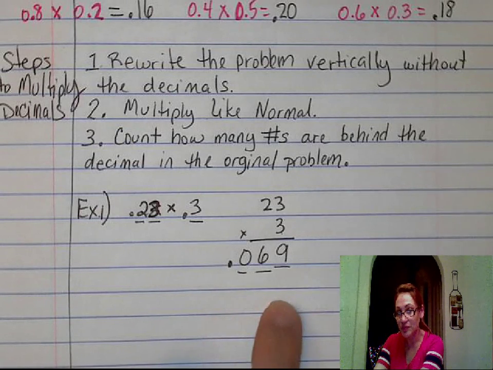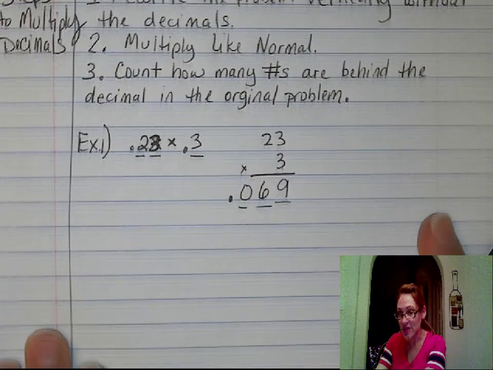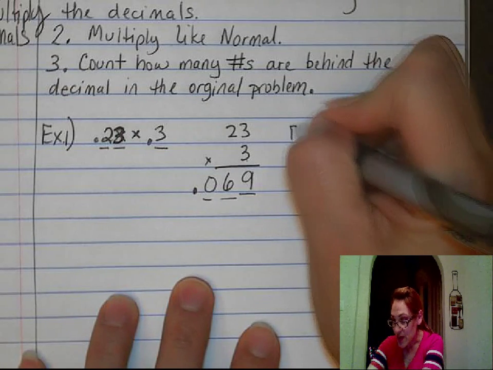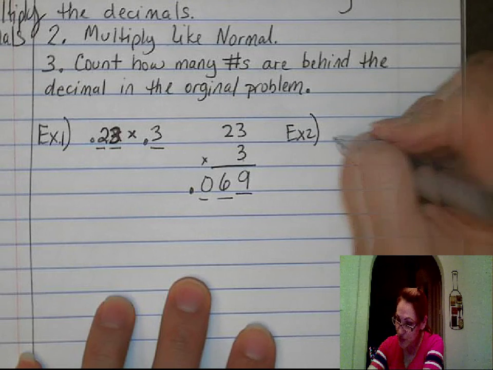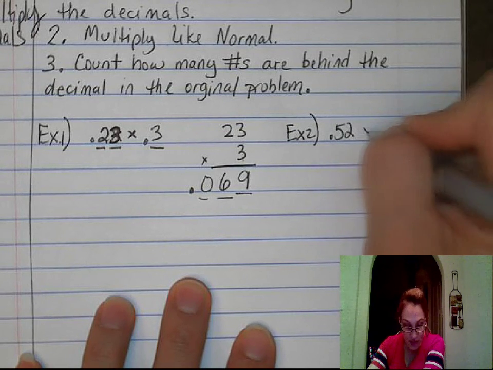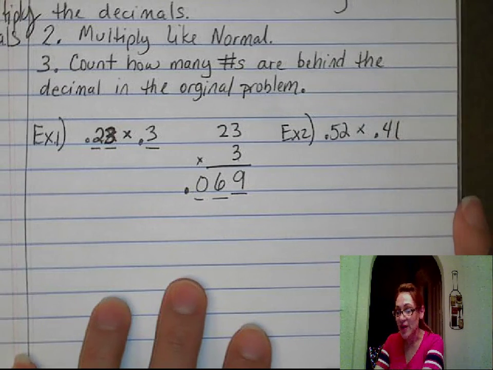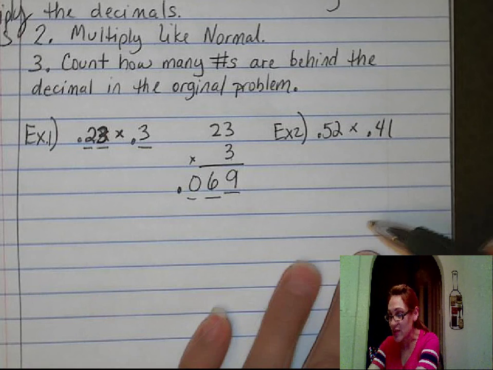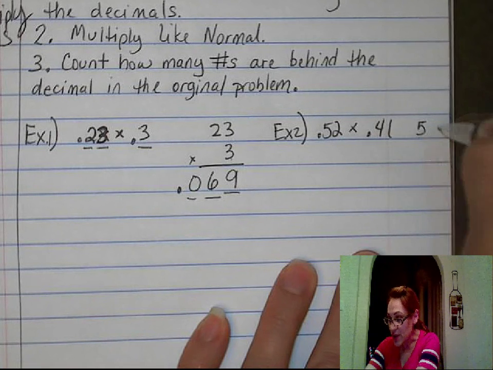Let's look at another one. Let's do example 2 over here because we actually have room. Example 2. Let's take a look at 52 hundredths times 41 hundredths. Step 1 says you're going to rewrite the problem vertically without the decimals, so we're going to write 52 times 41.